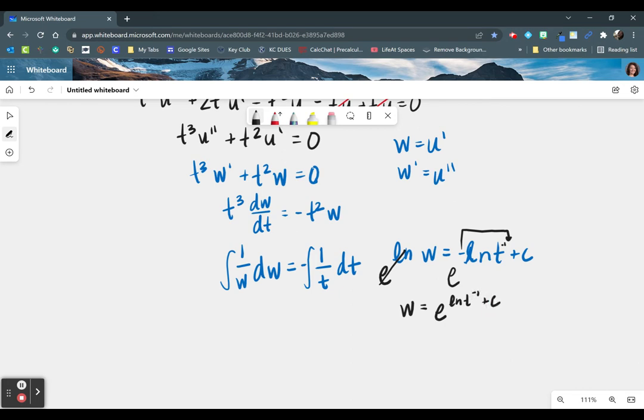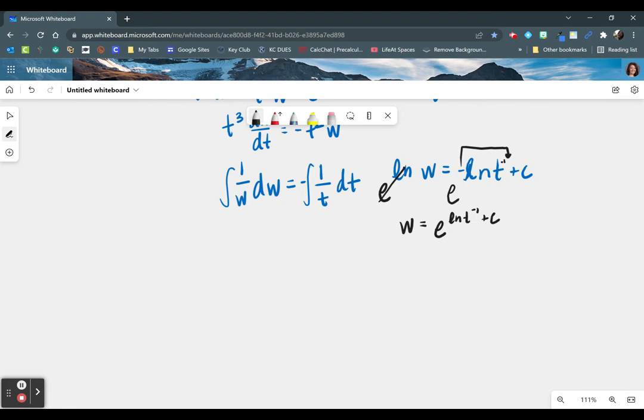If I use my operations with exponents, I would separate that into e to the natural log of t to the negative 1 times e to the c. If you remember, that e to the c coefficient, because it's multiplicative, just becomes one big c value. So w equals c times t to the negative 1, since that e to the natural log will cancel.